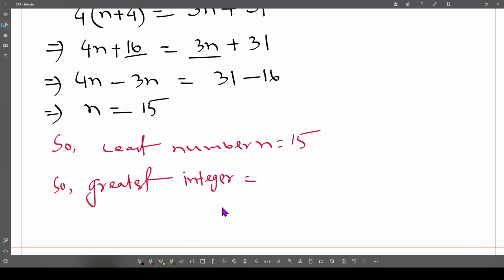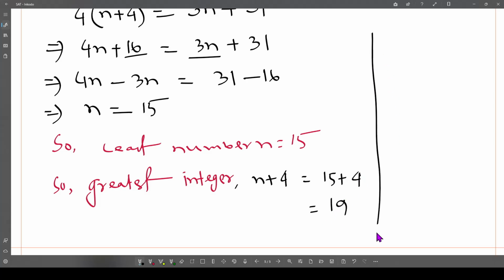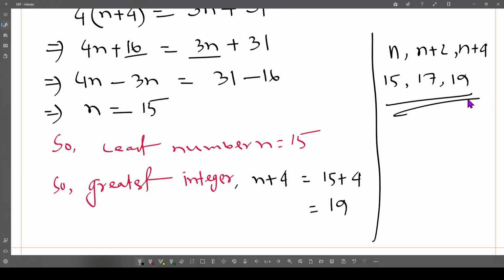Greatest integer, what? n plus 4, it means 15 plus 4, that means 19. So what are the consecutive numbers? n, n plus 2 and n plus 4. n is 15, n plus 2 is 17, n plus 4 is 19. These are the consecutive numbers.